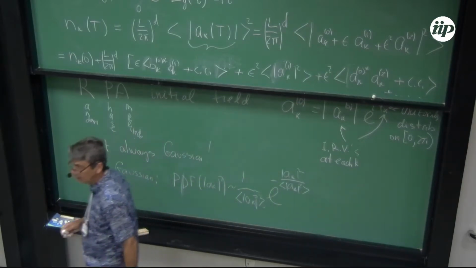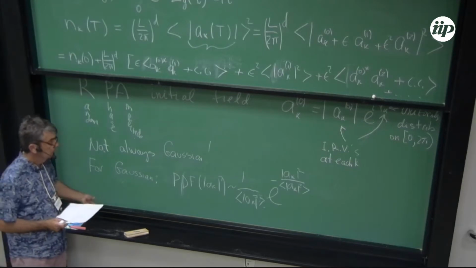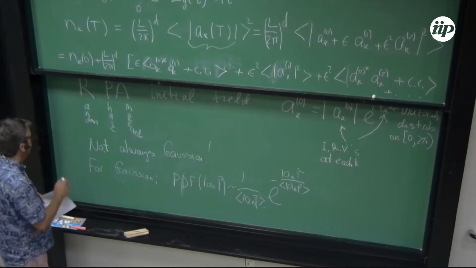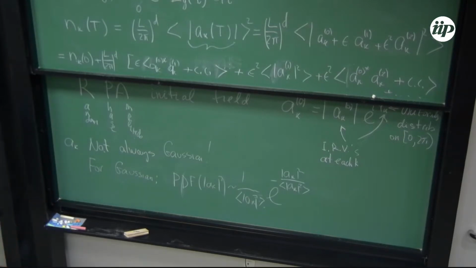Okay, and we're not assuming that. Gaussian AK, right? AK variable. And that's also important because it means that we can consider non-Gaussian fields.